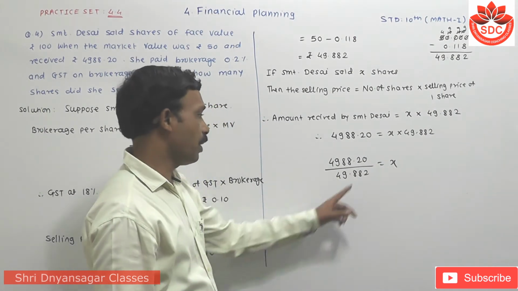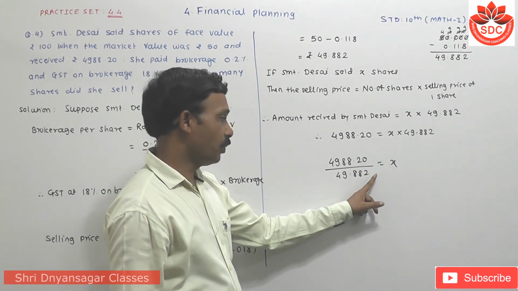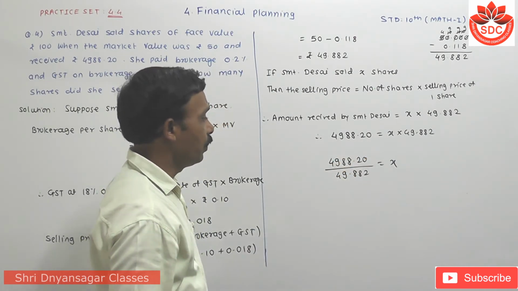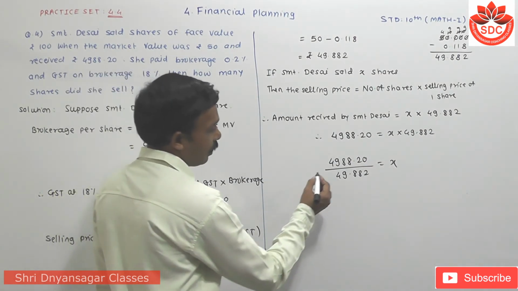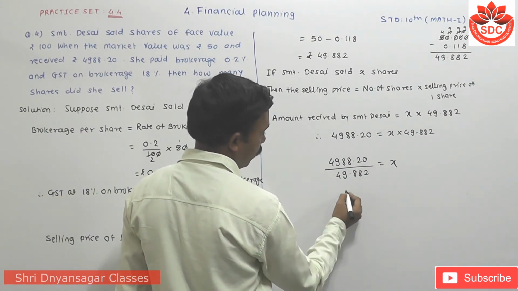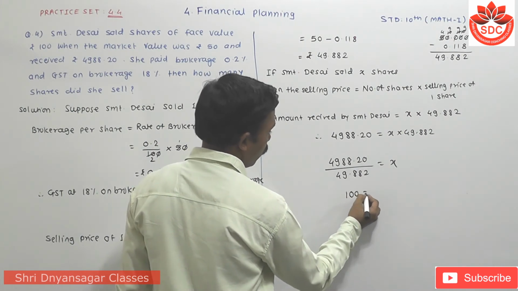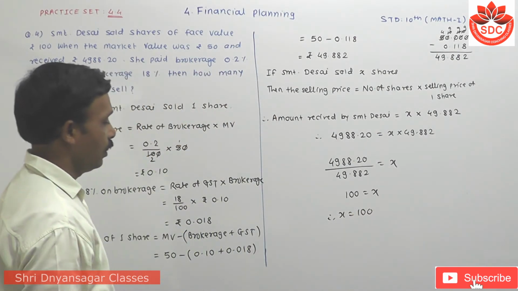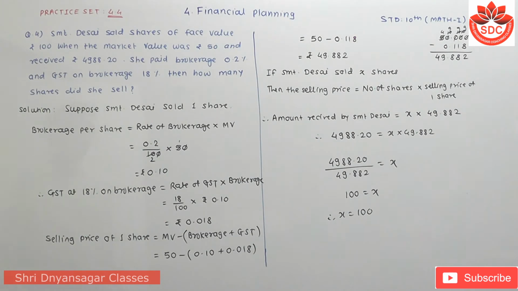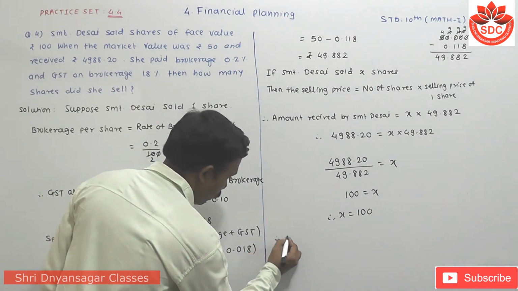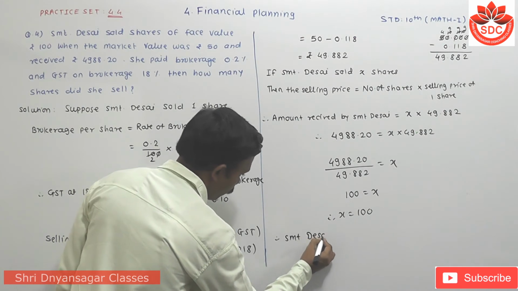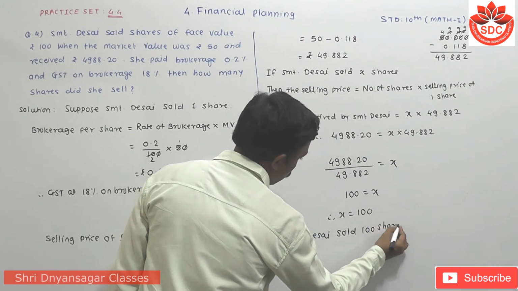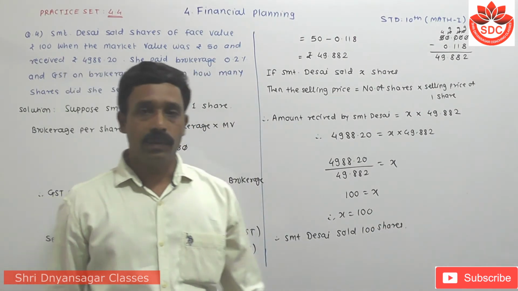When we multiply numerator by 100 and denominator by 1000, the decimal point is removed, and we get the value of x. So x is equal to 100. Srimati Desai sold 100 shares. Okay, we take the next question.